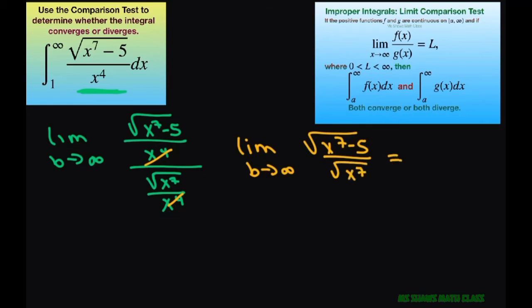Now, when you substitute in a large number, this negative 5 is not going to matter, and it's going to divide out to 1. A large number divided by a large number is 1. All right, so if you get 1, that means they behave alike.